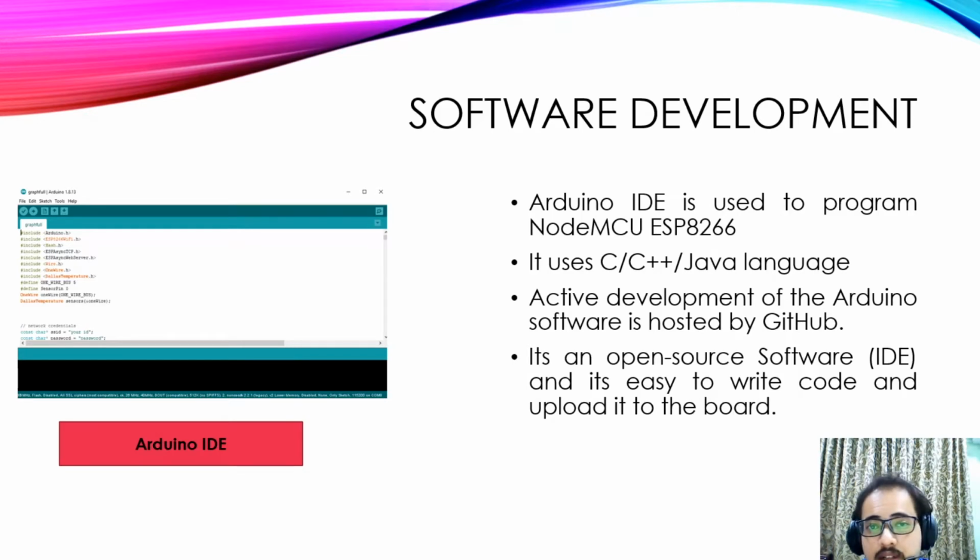GitHub is a programming community, which we can use to find code or gain knowledge about programming, firmware, hardware, everything. This software is open source, and it's easy to write code and upload it to the board.